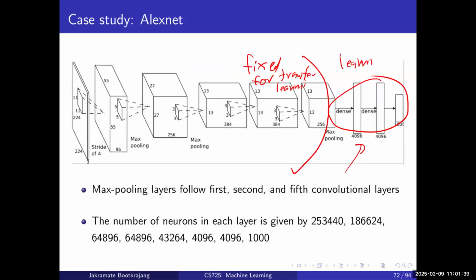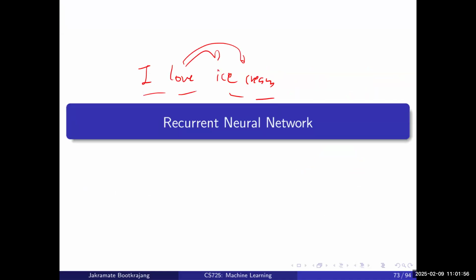Because what we learned before, we treat every feature the same, right? We treat every feature equally. We don't care if the features are flipped, you still get the same result. But for text, if you flip the words like love ice cream, it doesn't make sense, right?